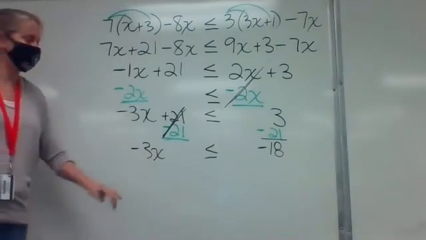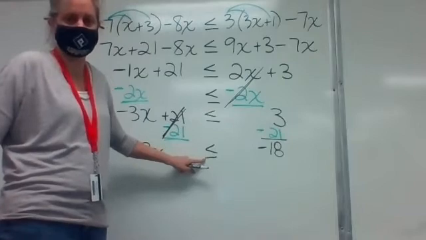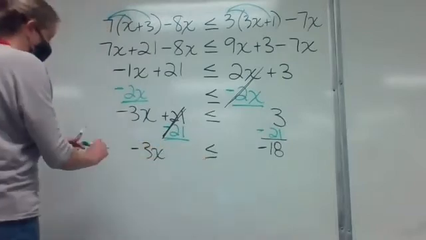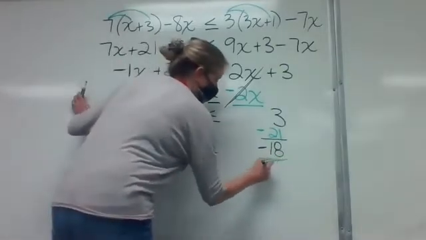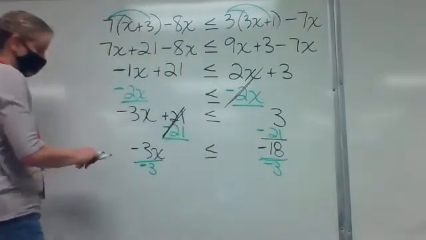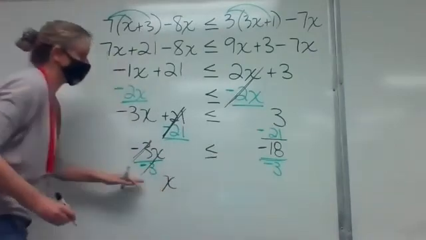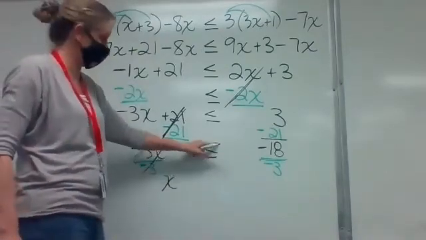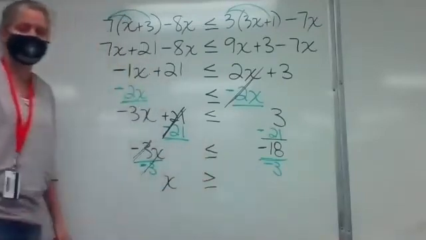Negative 3. So now I am going to turn this symbol around. So here, if I divide by negative 3, to cancel out the hooked on negative 3, I'll have x. I divided by a negative, so instead of my inequality pointing to the left, now it points to the right.